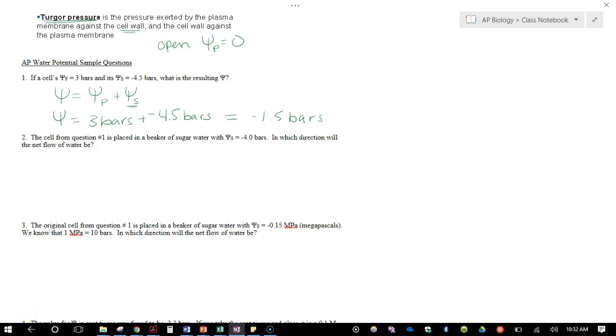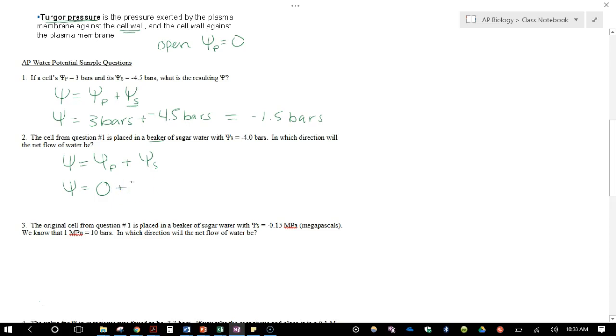Okay, so let's go on to number 2. The cell from question 1 is placed in a beaker of sugar water with a solute potential of negative 4 bars. So let's figure out what the water potential of that solution would be. Water potential equals the pressure potential plus solute potential. Because this is in a beaker that's open to the atmosphere, our pressure potential is going to be 0.